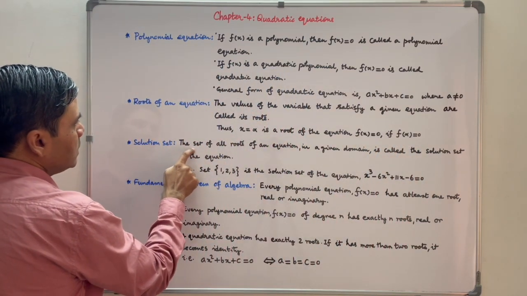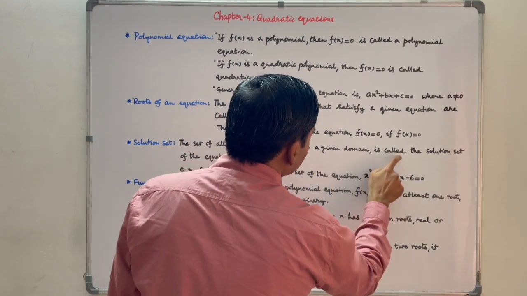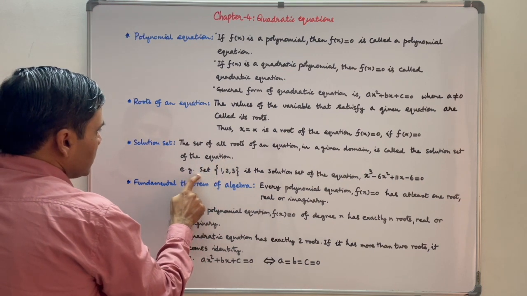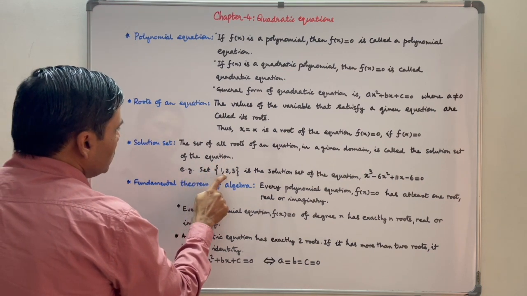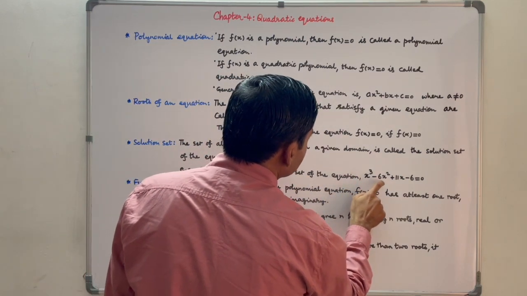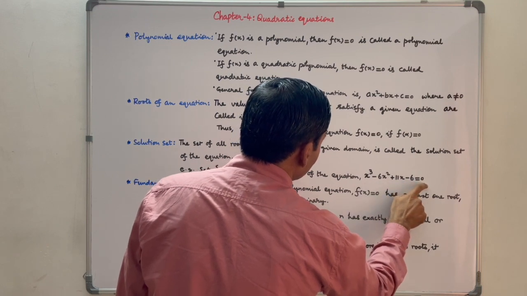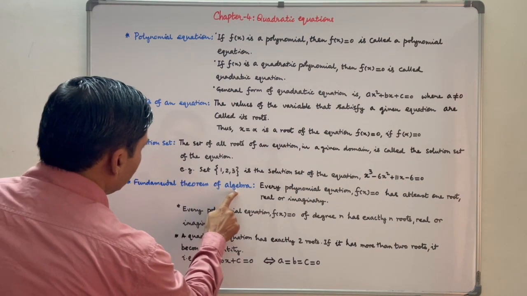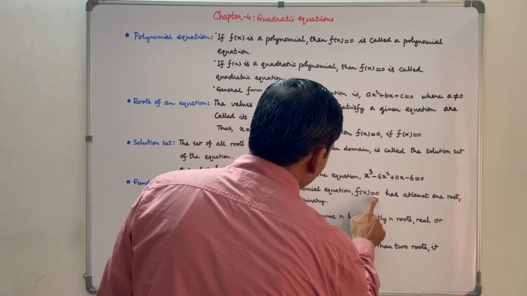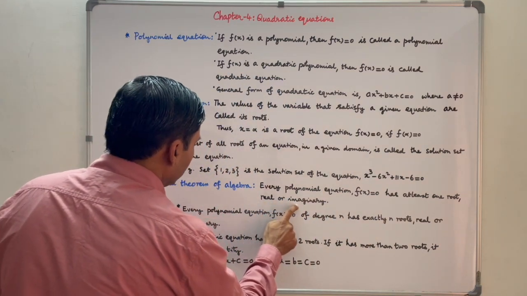Solution set. The set of all roots of an equation in a given domain is called the solution set of the equation. So a set consisting of members 1, 2 and 3 is the solution set of the equation x³ - 6x² + 11x - 6 = 0. Fundamental theorem of algebra. Every polynomial equation f(x) = 0 has at least one root, real or imaginary.